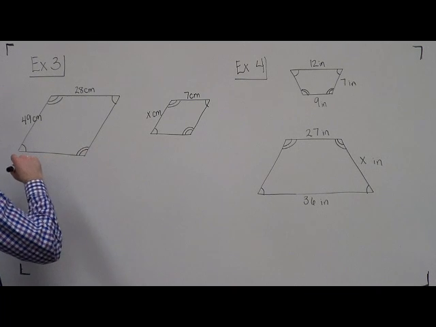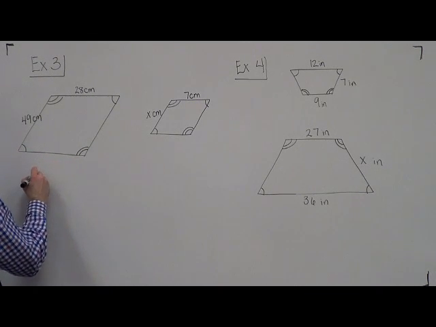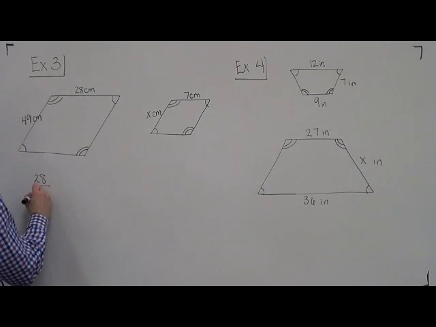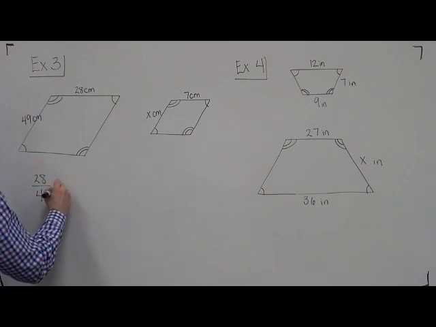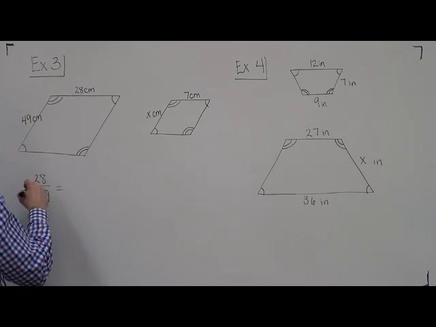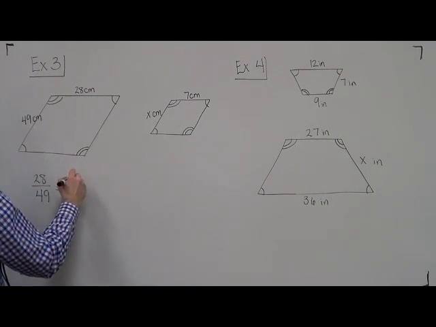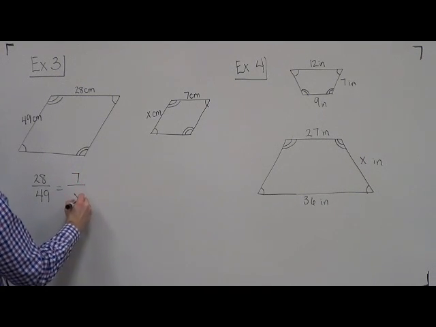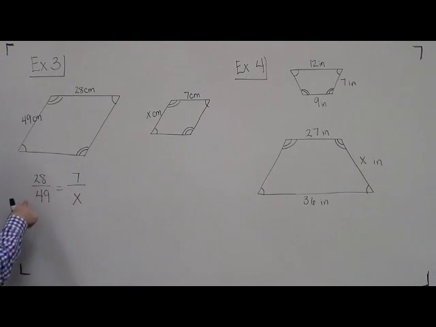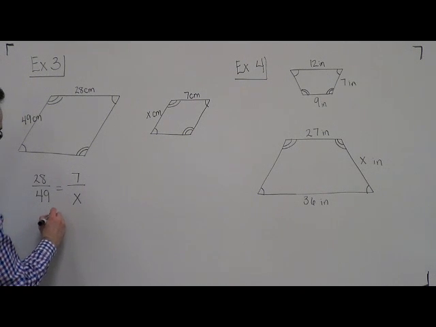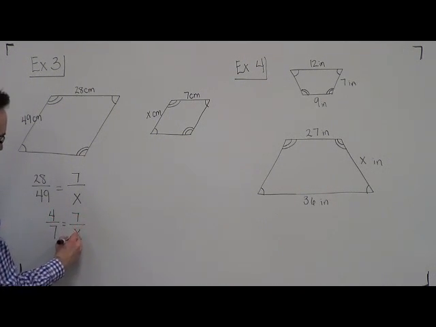Alright, so on this one, we line up the 28 over the 49, and that equals, again, 28's on top, so 7 goes on top, and the x will go in the denominator. So remember what I told you is that you can simplify this before you actually solve. So if I were to simplify this, I can divide them both by 7, so we end up with 4 over 7 is equal to 7 over x.